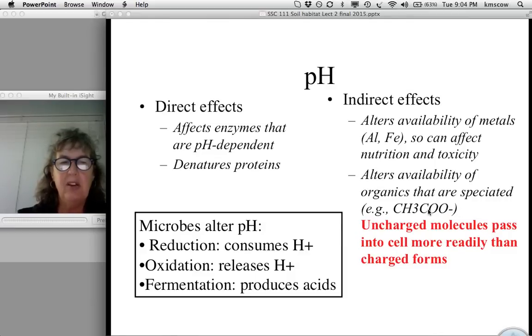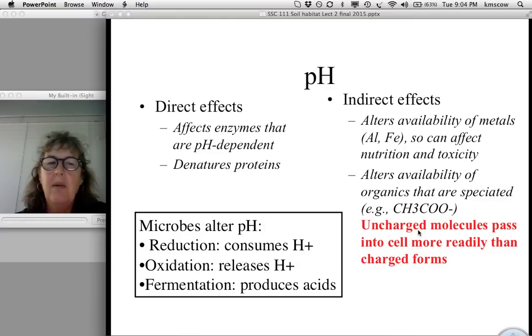For example, here it would become a carboxyl, and in general, uncharged molecules pass into cells more readily than ones in charged form. So that's going to affect the impact of those molecules, be they nutrients, be they toxins, on microbes.